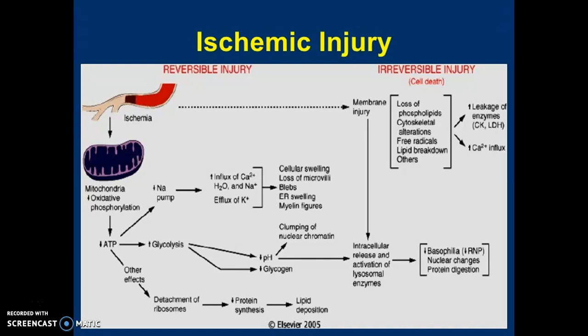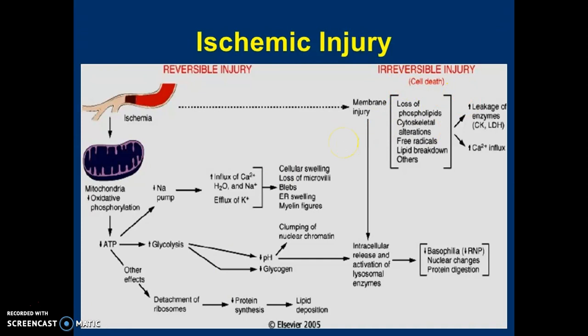Fatty change is one of the morphological features of a reversibly injured cell, in which there is abnormal lipid deposition, basically triglyceride accumulation within the cell, and it looks like clear spaces or signet ring appearance in the cell on hematoxylin and eosin staining.